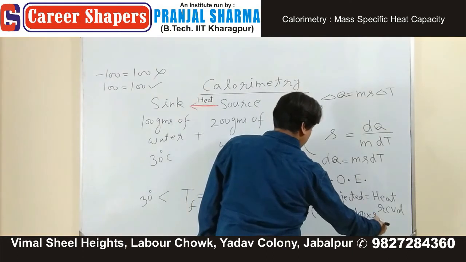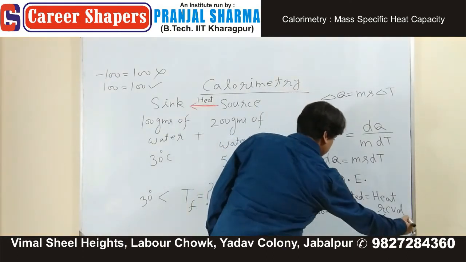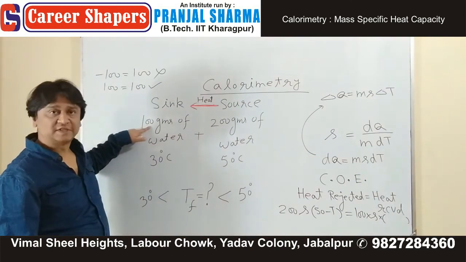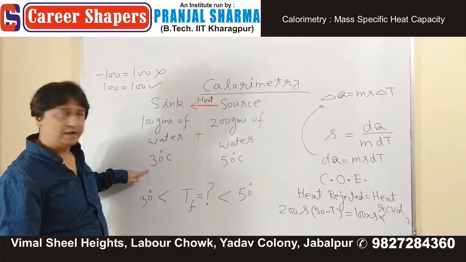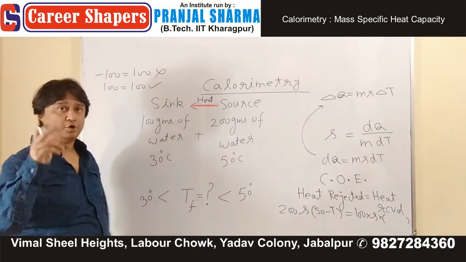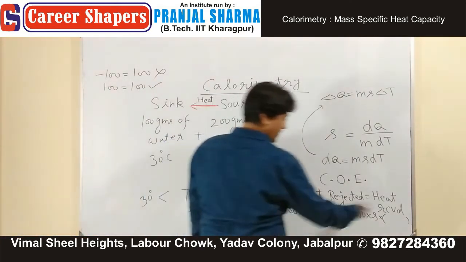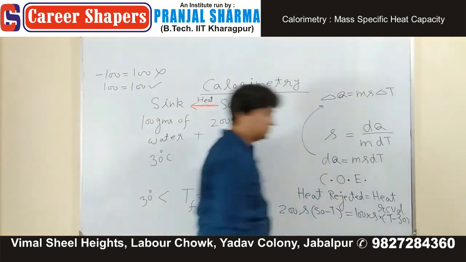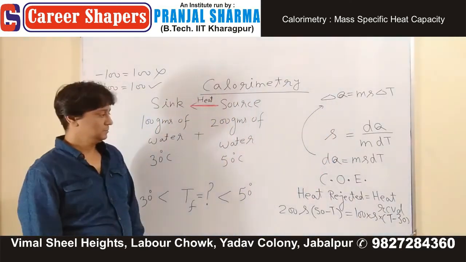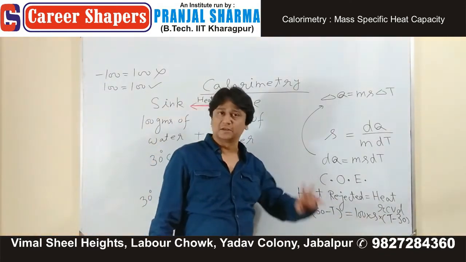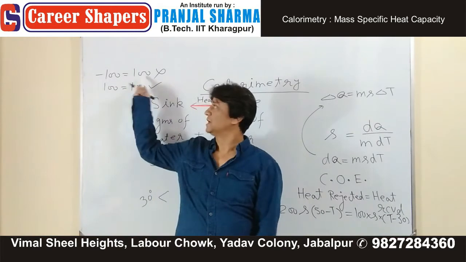Specific heat S. Now for this 100 grams, it receives the heat and its temperature increases from 30 to T. 30 to T. Remember, you need to keep both parts positive, left and right side. This is T minus 30. T minus 50 और T minus 30 मत कर देना, ऐसा बन जाएगा.